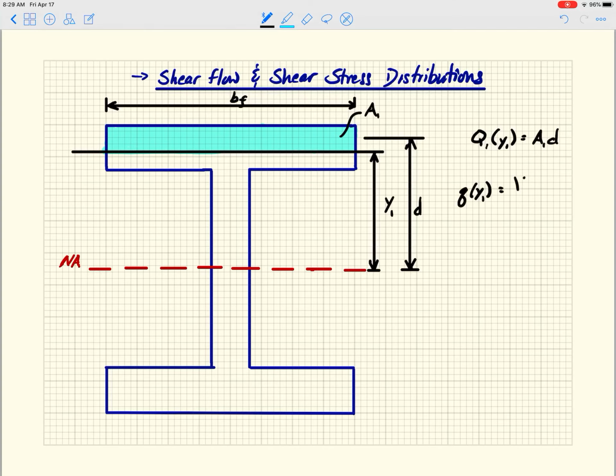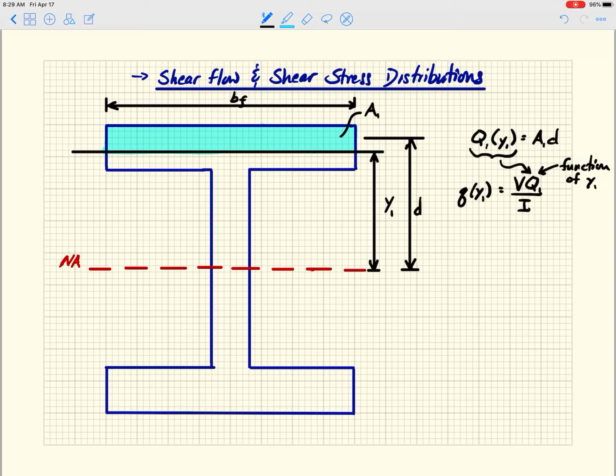and that equals the total shear force, which comes from the shear diagram, times Q1, divided by I. And so this Q1 is a function of y1, and it's actually this right here.